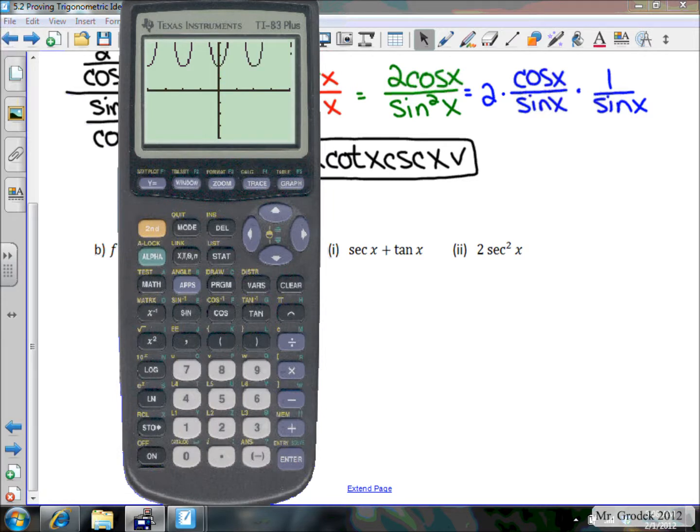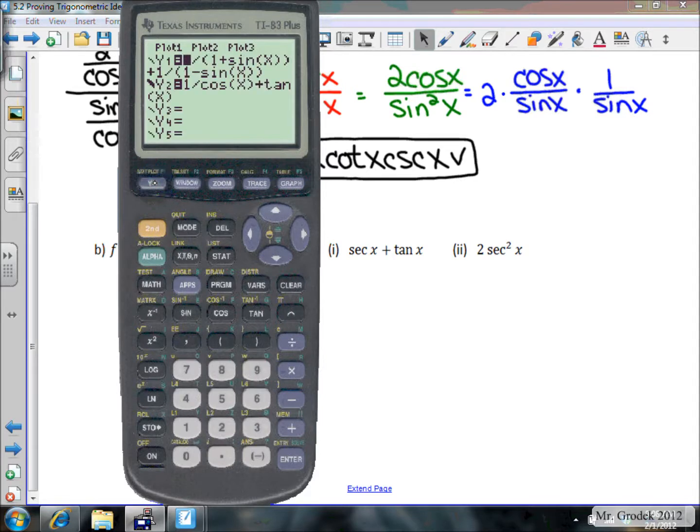Here's our first equation. Well, we can see that it's not going to match. So let's try option 2. 2, 1 divided by cosine of x squared.